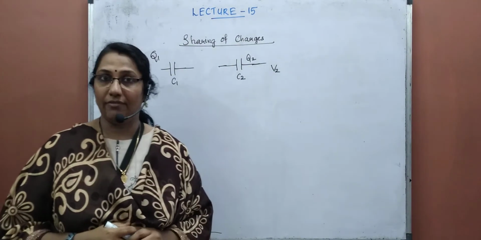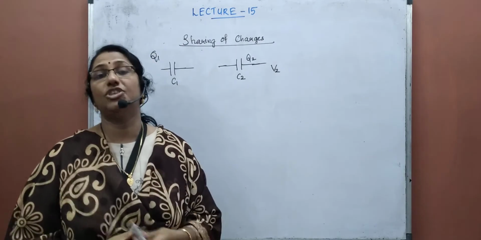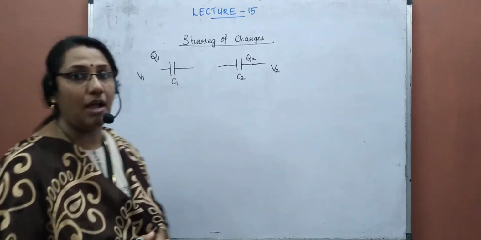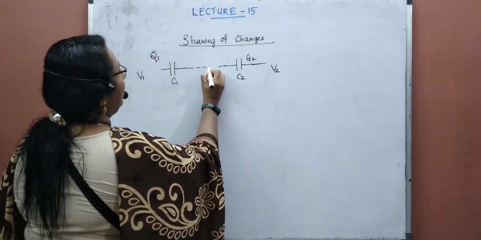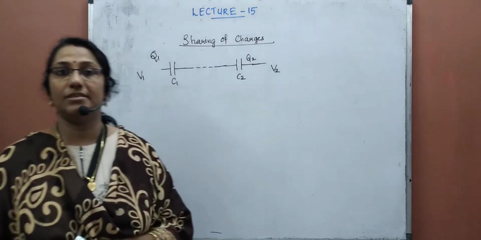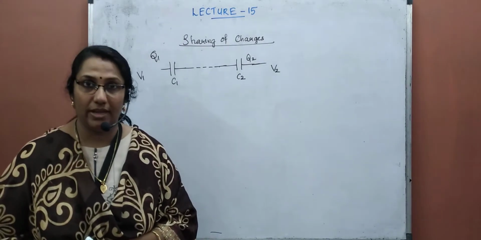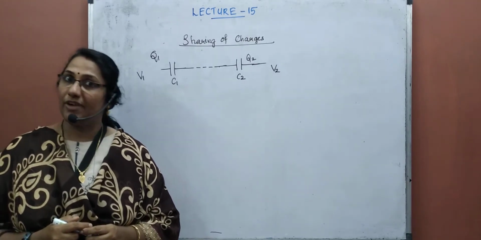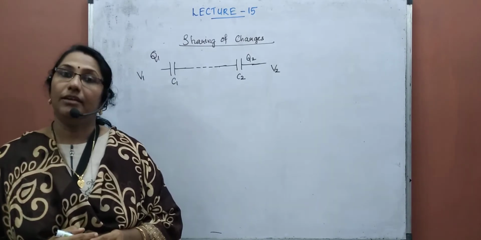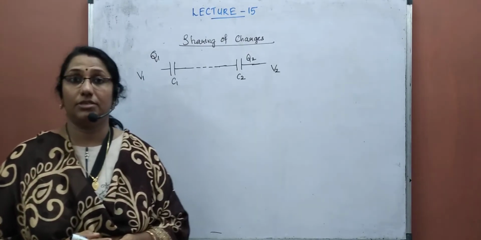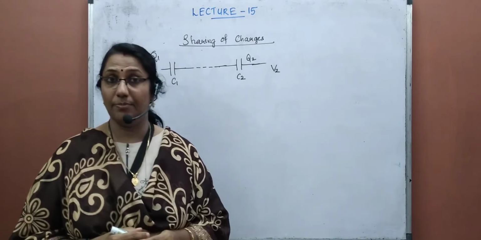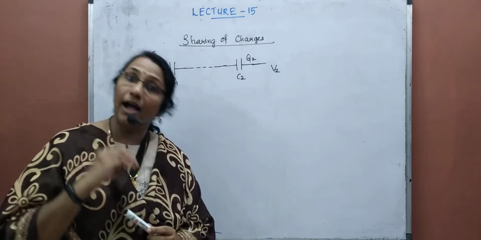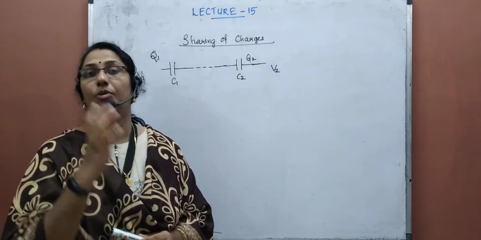These two differently charged capacitors are now connected by means of a connecting wire. What happens? The charge begins to flow from high potential to low potential.